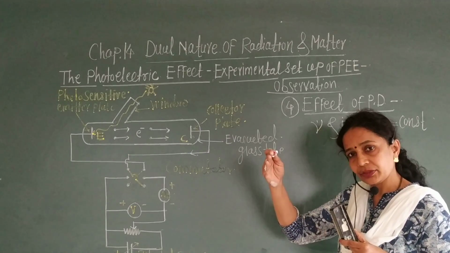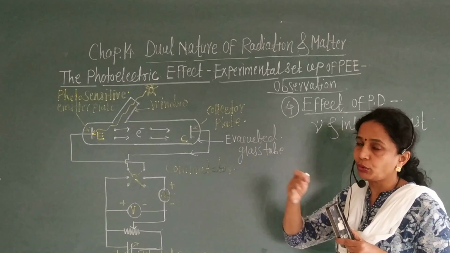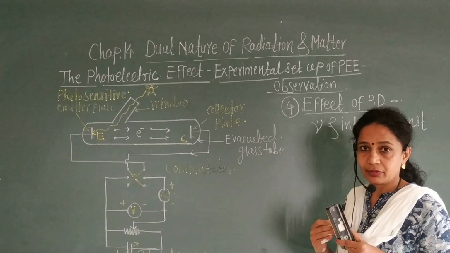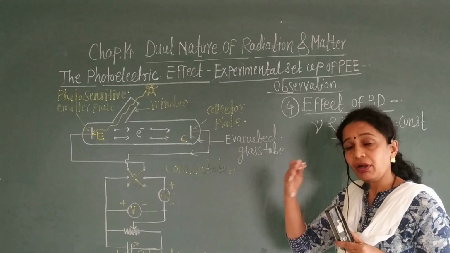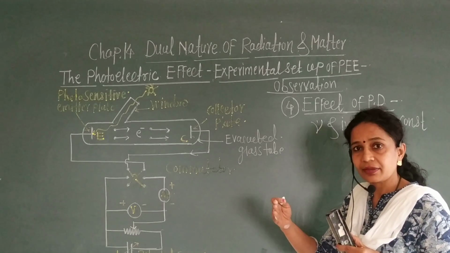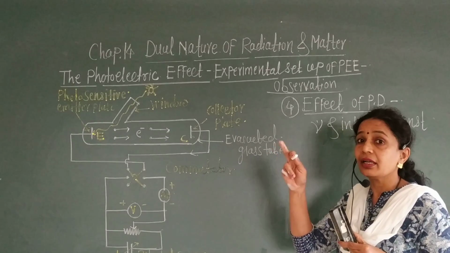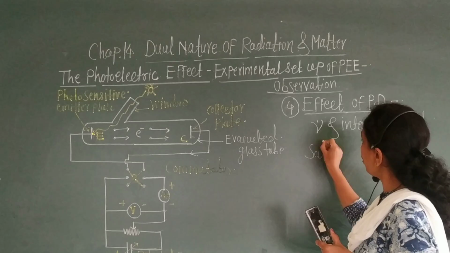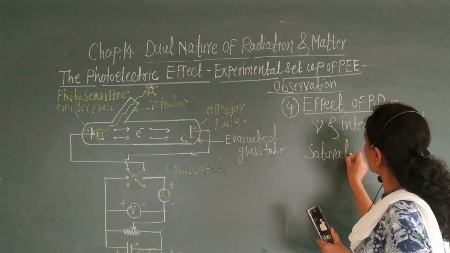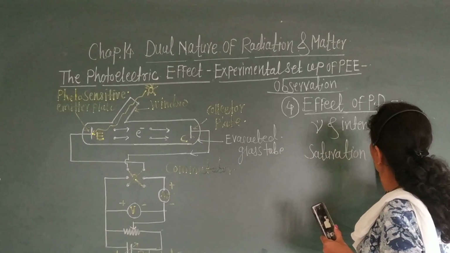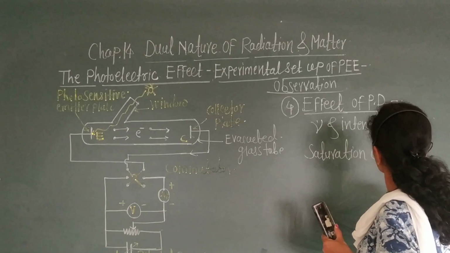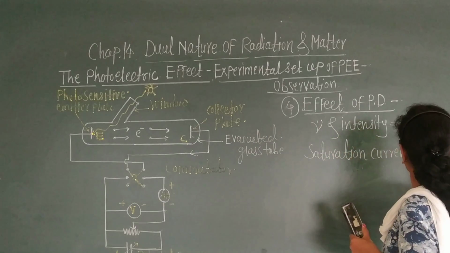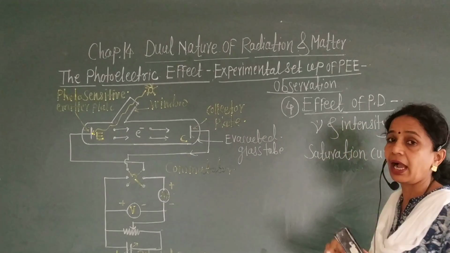Then as the voltage between them is increased, photoelectric current also increases. Further, if the voltage increases, the photoelectric current remains constant. That current is called as saturation current and it is denoted by letter I naught.